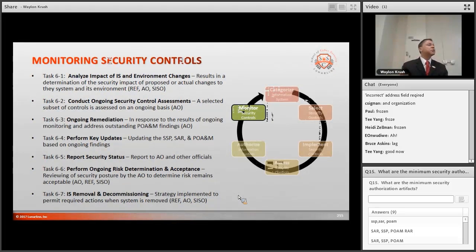But you have to have all the artifacts that you went through and did the media protection, that you have kept the data that was required on the system in accordance with the NARA requirements, so all the data retention requirements, and any sensitive information was logged in accordance with the NARA requirements.